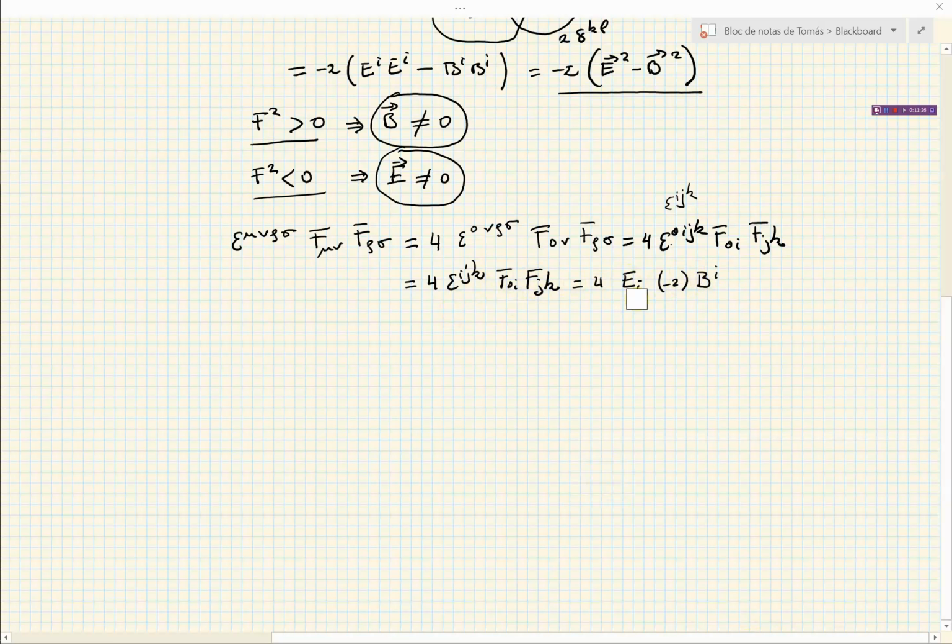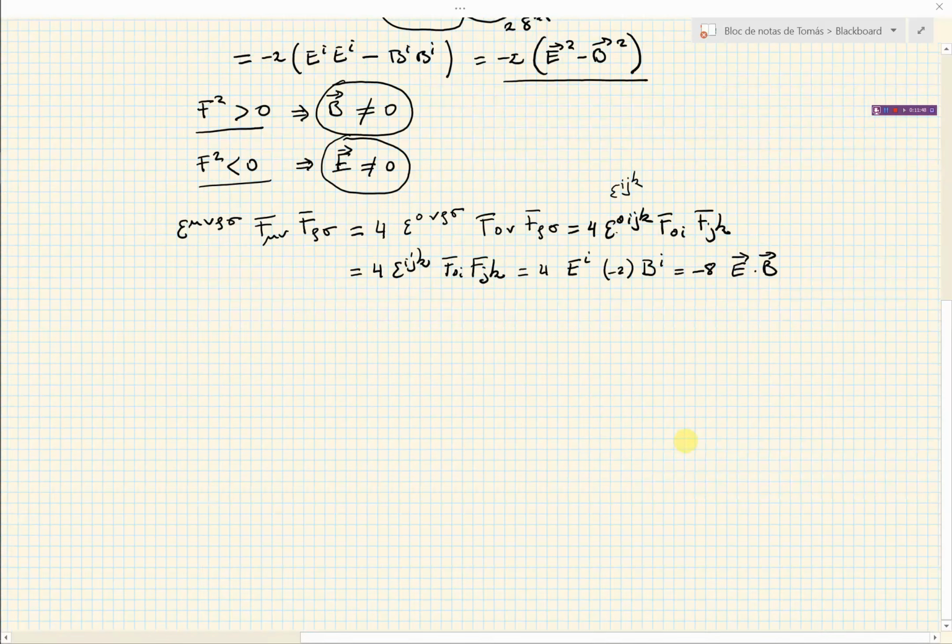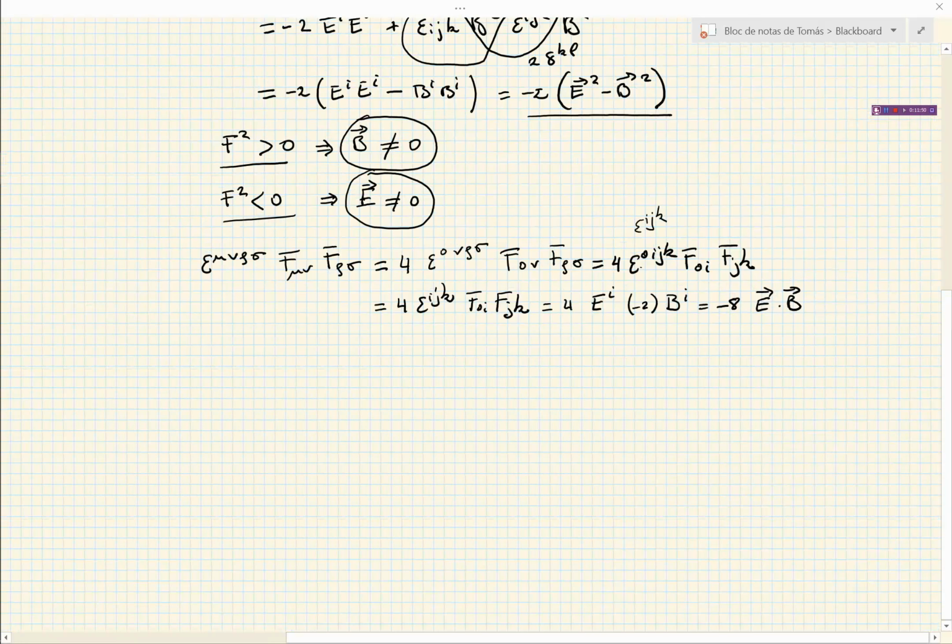As I said, the index up or down doesn't really matter once this is expressed as a three-dimensional object. So this is minus 8 E times B.